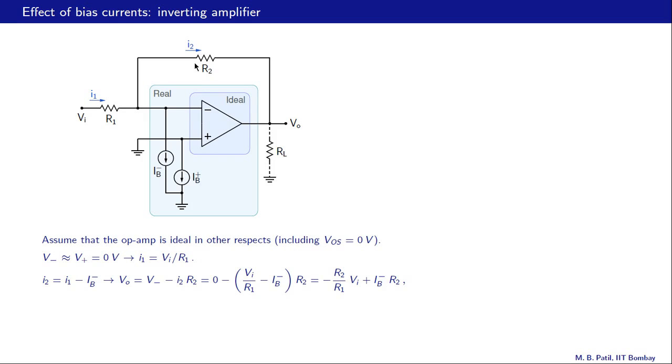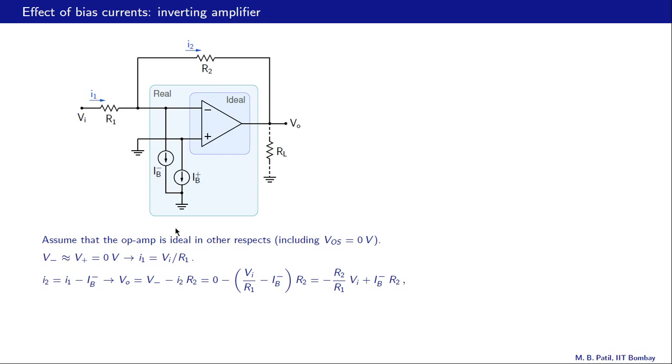Now I2 is not equal to I1 in this case because we have IB minus going there. This current is still 0 because that's an input current for this ideal op-amp. So therefore I2 is I1 minus IB minus, that equation.